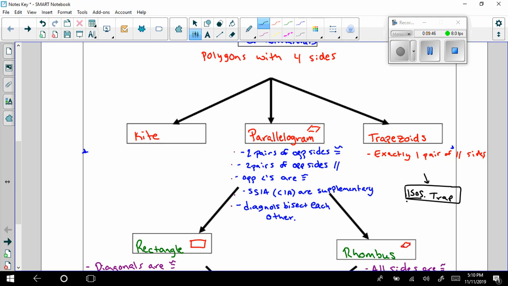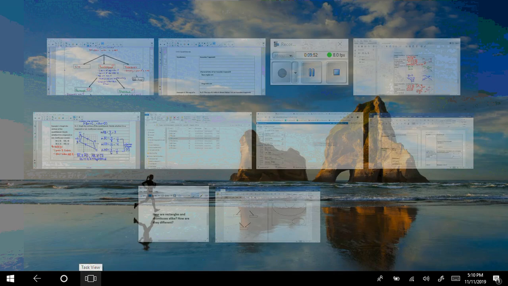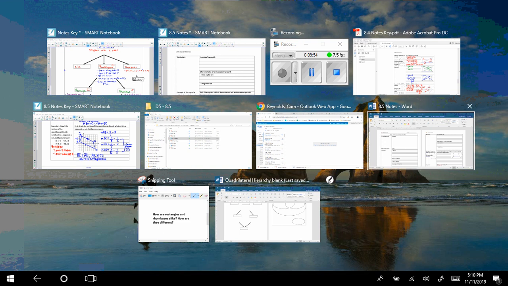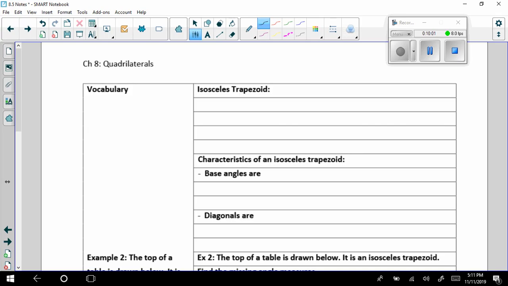And keyword here, isosceles. The same things that make an isosceles triangle an isosceles triangle make an isosceles trapezoid an isosceles trapezoid. So it is still a trapezoid. It has congruent legs.